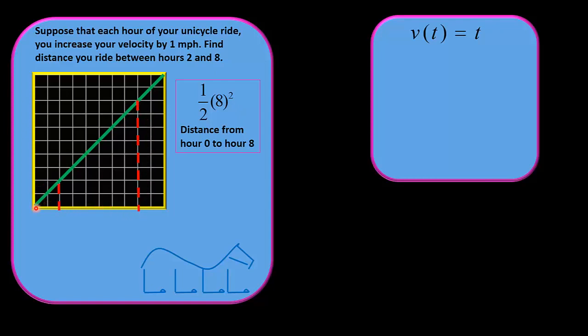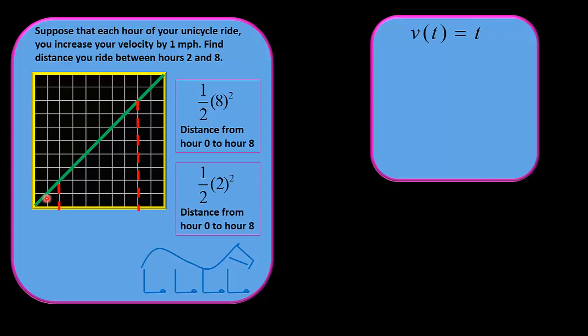So it's 1/2 base times height. The base is 8, and the height is 8 here. That's the area of that triangle. So the distance between hour 0 and hour 8 would be 1/2 of 8 squared. Now what about the distance between hour 0 and 2? This little triangle right here.